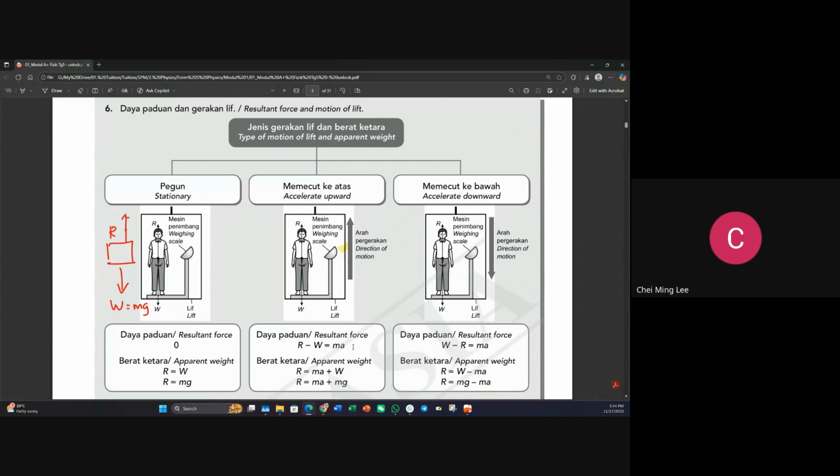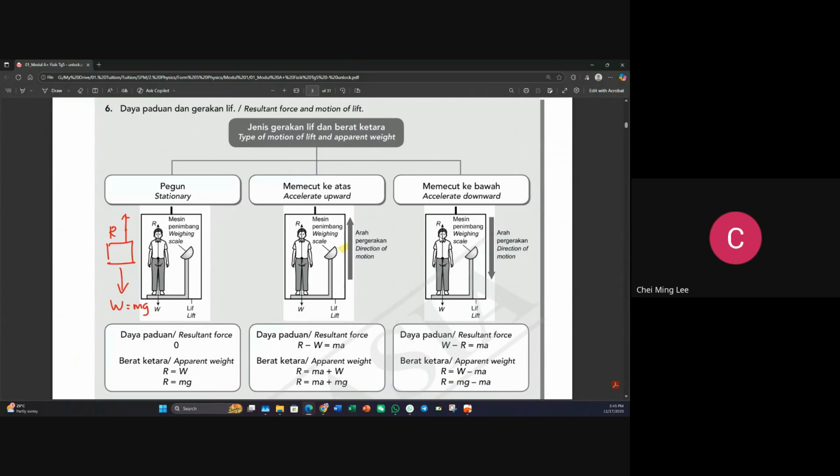Your apparent weight R, the normal force, is equal to ma plus W, because not only is your weight going down, but there is a force pulling it upward. When we change W to mg, you become R equals ma plus mg.